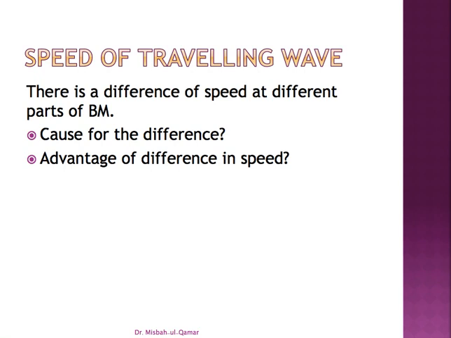If there wasn't any difference in the speed and there was no rapid initial transmission, all the high frequency waves would be bunched together within a few millimeters, and then their frequencies couldn't be discriminated.